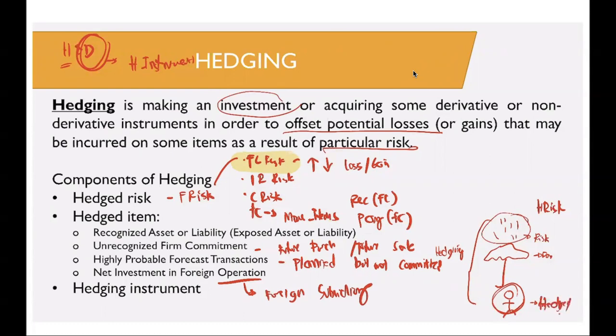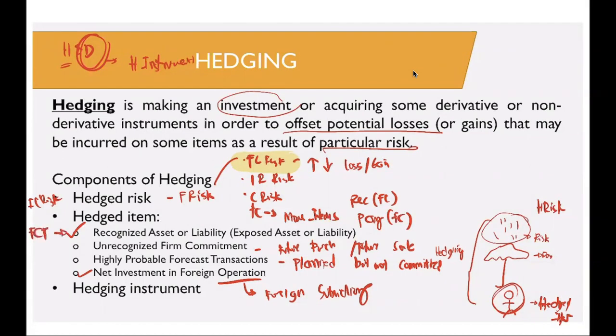Hedge item. So what is our particular focus on our hedge item? If our particular focus for hedge risk is the foreign currency risk, our main hedge item, which we have just finished, is your recognized asset or liability, including net investment in foreign operation. Because what do we have here?